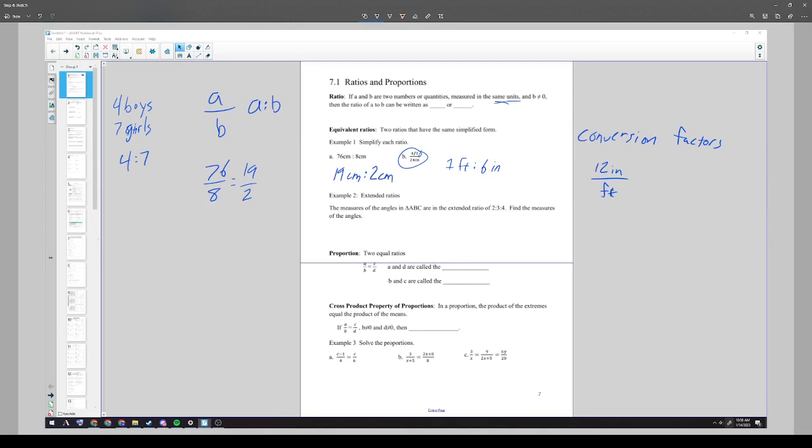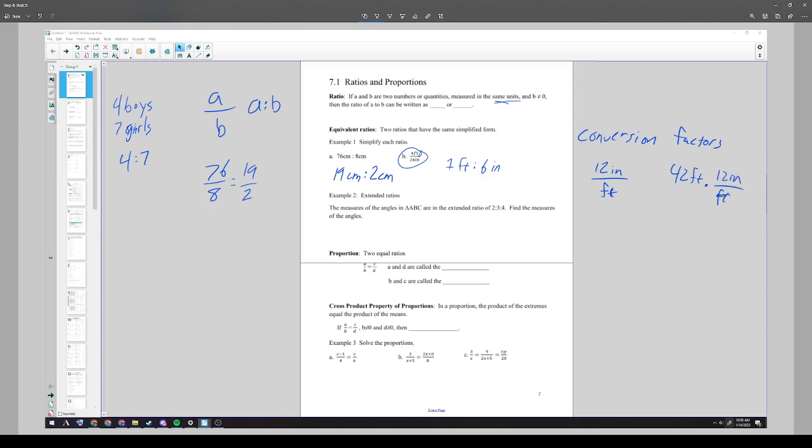Then we can use this constant, so this is basically saying 12 inches equals 1 foot. So we can multiply anything by this because this is equivalent to 1. So say I have 42 feet and I want to convert that into inches. I can use this conversion factor and multiply by 12 inches over 1 foot.